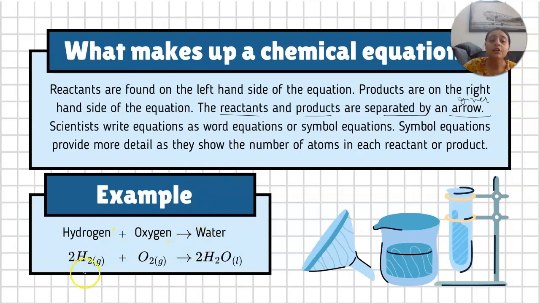We say two molecules or four atoms of hydrogen, plus, when combined with oxygen gas, gives, so the arrow denotes gives, water. This is the reactant side, this is the product side, and the arrow denotes gives. These are the general components of a chemical equation.